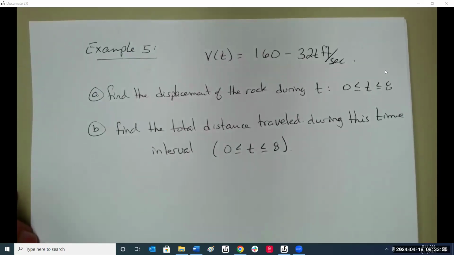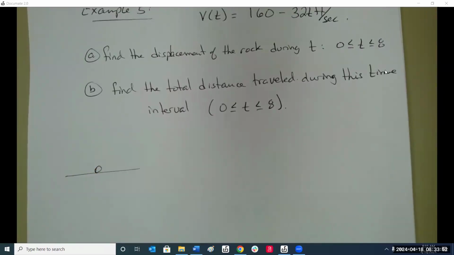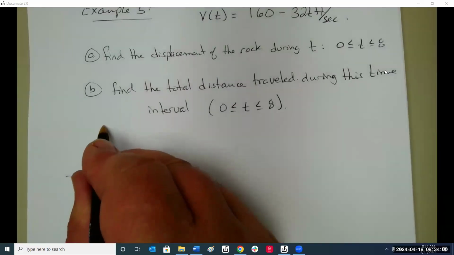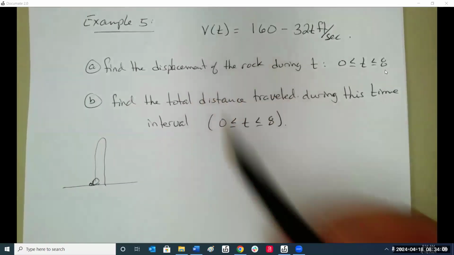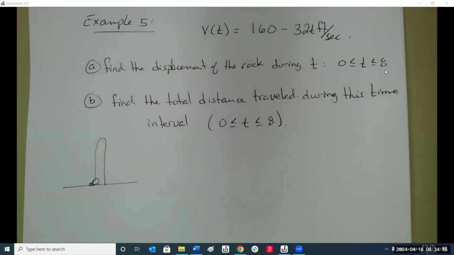So what do we do first? Remember, what does this function represent? What's the whole picture represent? So what happened in this picture? There was an explosion and the rock went straight up and then it has to come straight down. Here's the velocity function. What do we notice about this graph and how's that going to relate to the velocity?